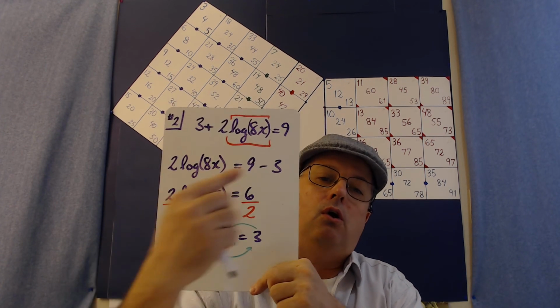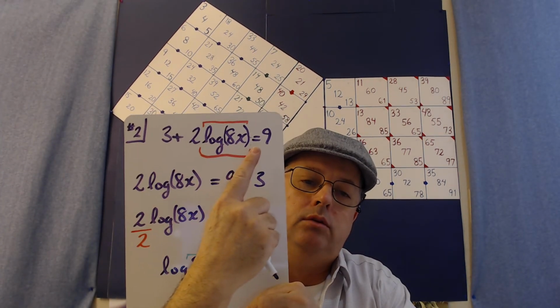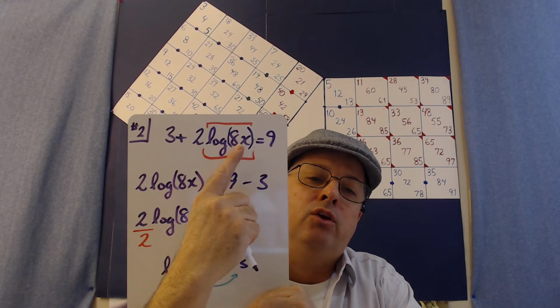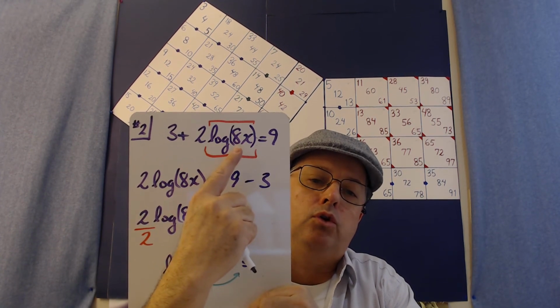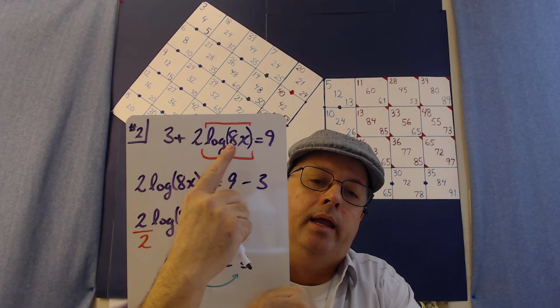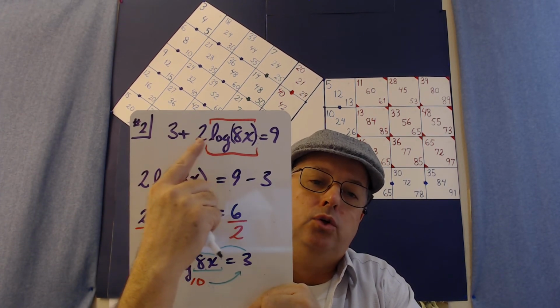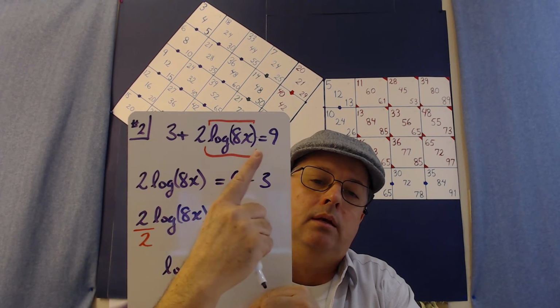Okay? And so you see what this is called? This is called a conditional equation. We are trying to find a value of x such that if we multiply x by 8, take the logarithm of that, multiply it by 2, and add 3, we will get 9.